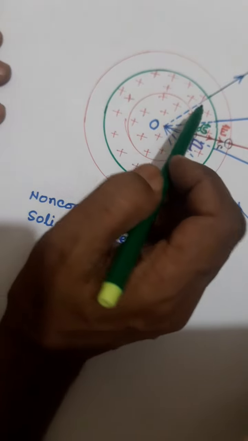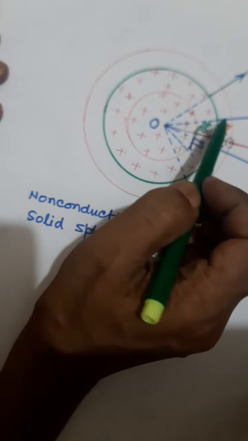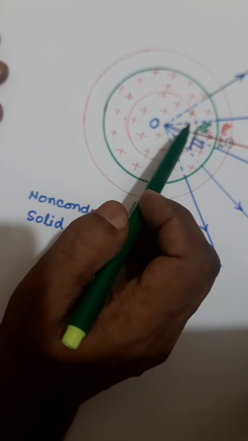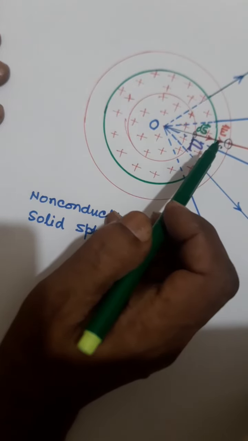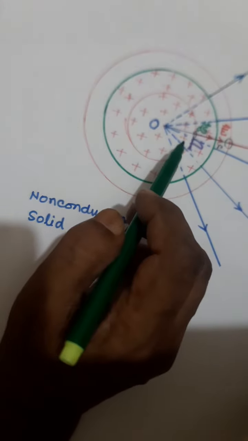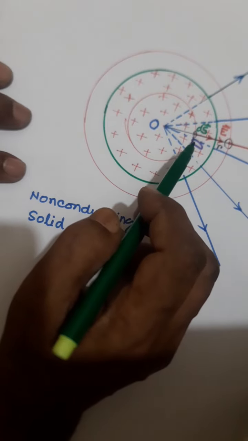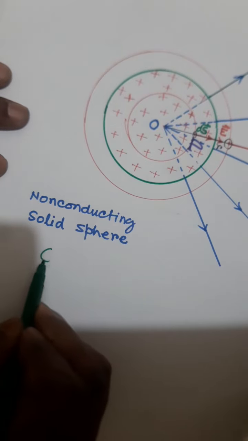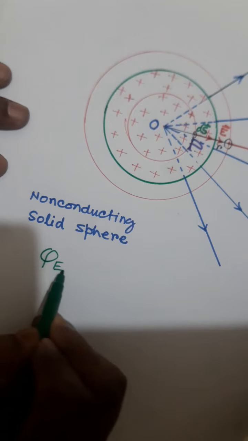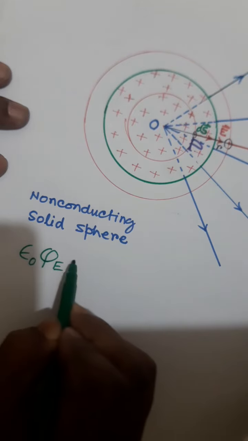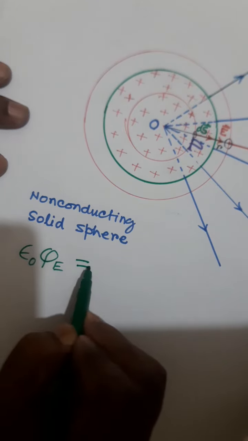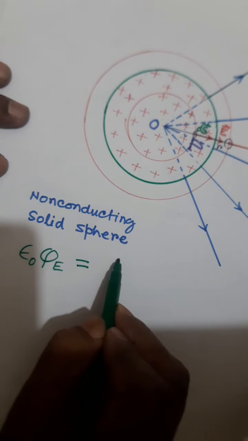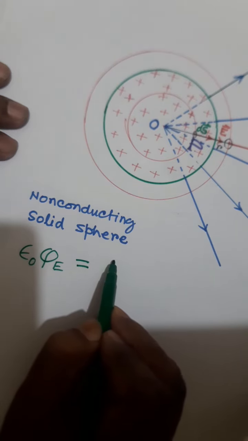But for a point inside the sphere, the total charge inside the Gaussian surface is not 0, unlike the previous cases. The total electric flux phi E into epsilon naught equals the charge within the Gaussian surface.